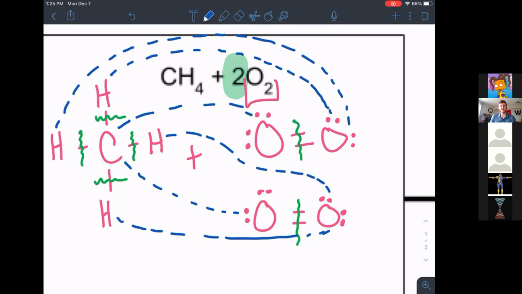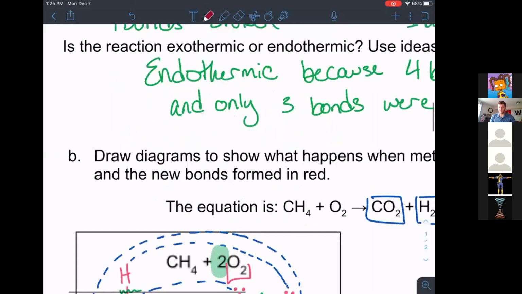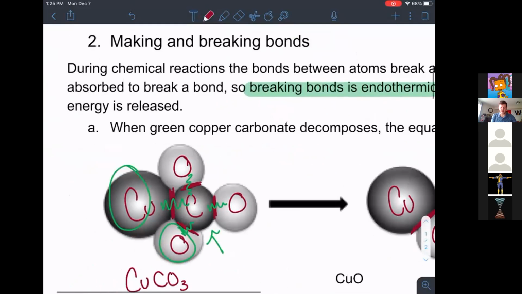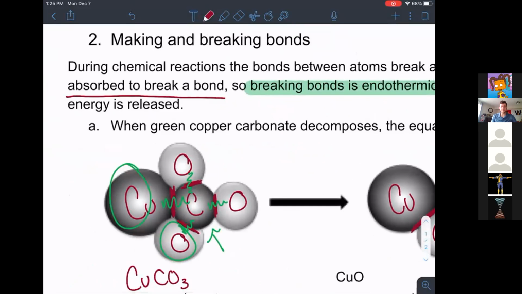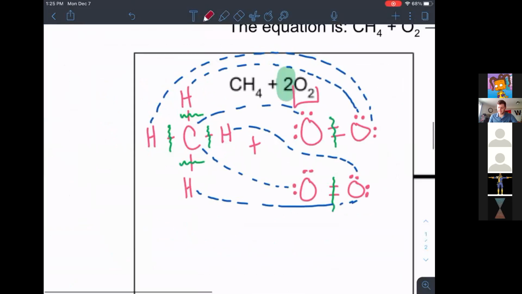The last thing we need to show is where energy would have been absorbed or released. So is energy absorbed or released when we break bonds? It's absorbed. It's going to be absorbed when we break those bonds. So breaking those bonds absorbs the energy right there. I'm going to show this in red, showing that energy gets absorbed.